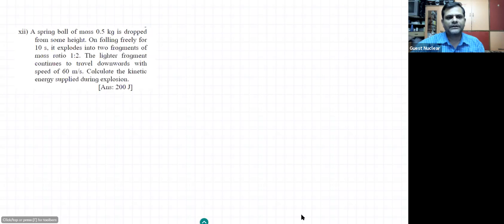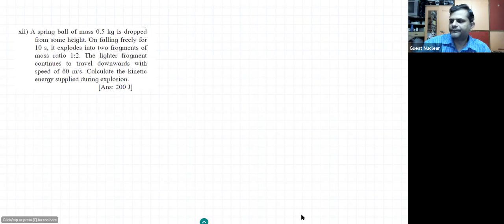On falling freely for 10 seconds, it just explodes into two fragments of mass ratio 1:2. The lighter fragment continues to travel downwards with the speed of 60 meters per second. Calculate the kinetic energy supplied during the explosion.